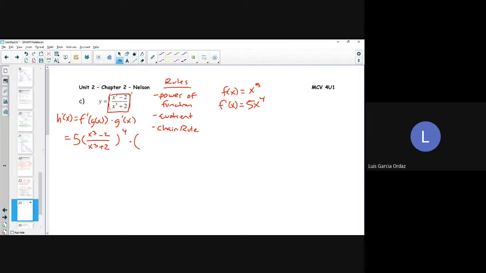So I get 3x squared multiplied by (x cubed plus 2), minus 3x squared times (x cubed minus 2), all over (x to the power of 3 plus 2) all squared. Now, let's make this as easy as possible.